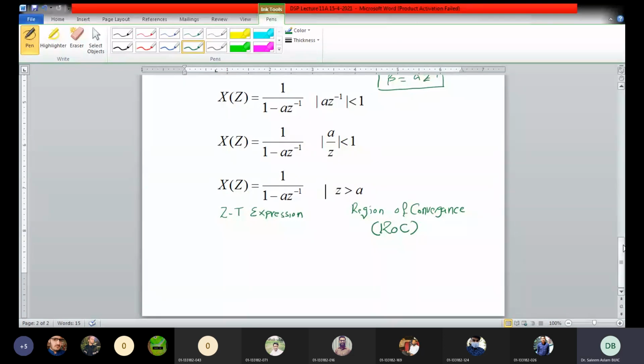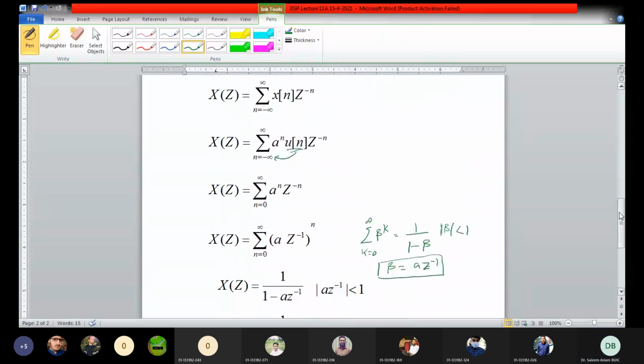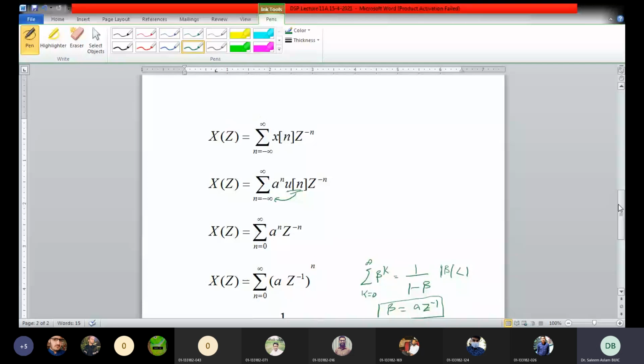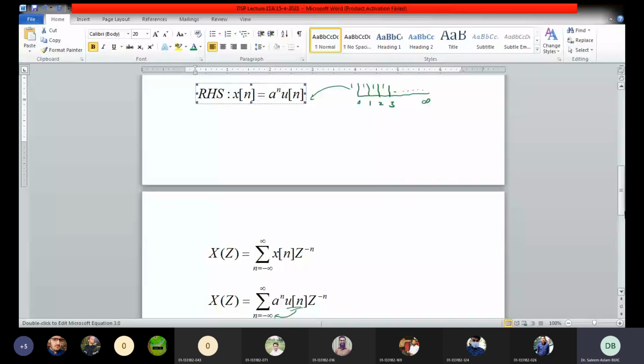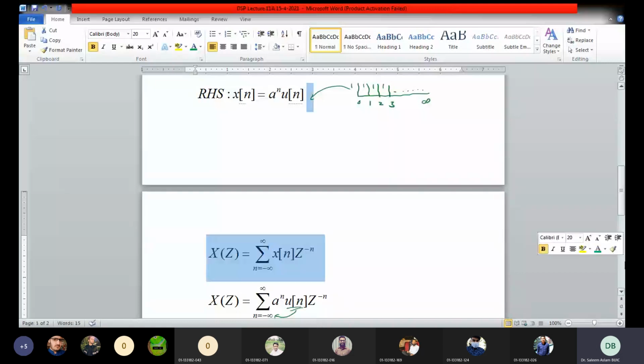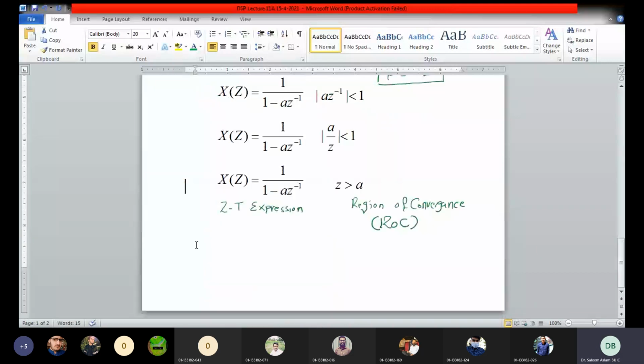Now I can write what we found. Let me copy it again. Then I plot this ROC on the next page.